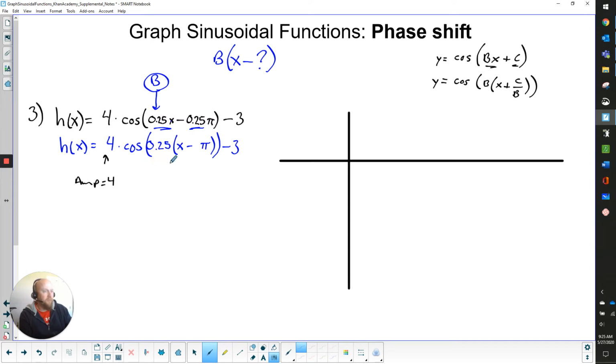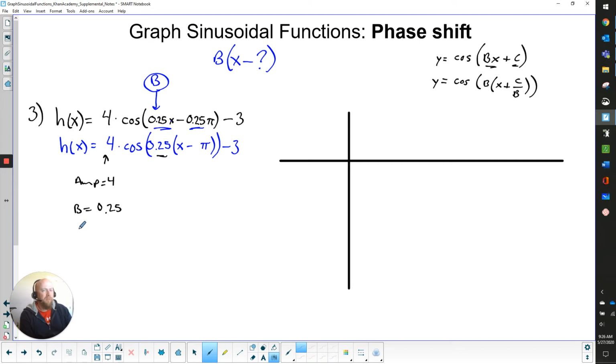Finally, the B value. I have just put this into the default mode of radians.